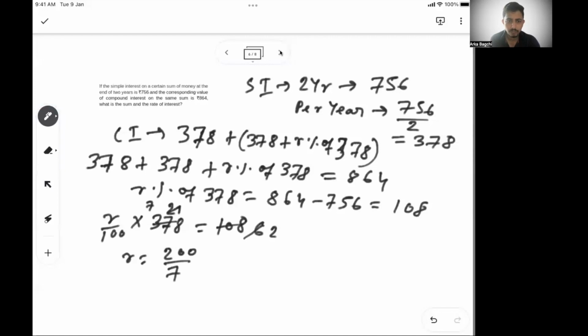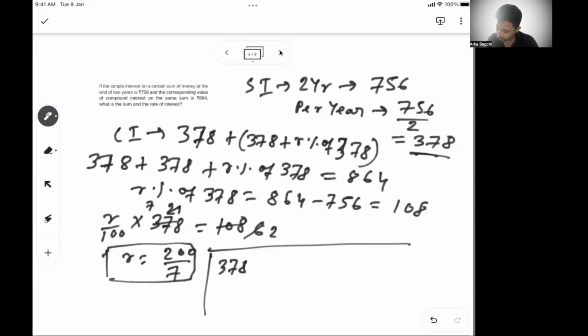What is the sum? The rate of interest you got, per year SI is 378. So let's apply that. I equals PRT by 100. So per year simple interest is 378. So 378 equals P into R, which is 200 by 7, into T, which is 1 year, by 100.